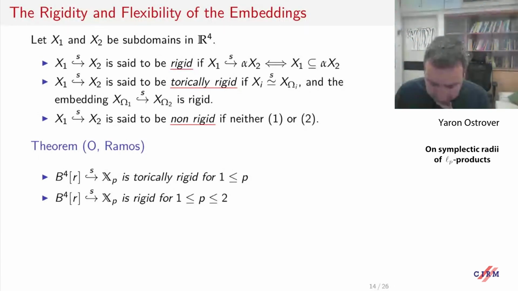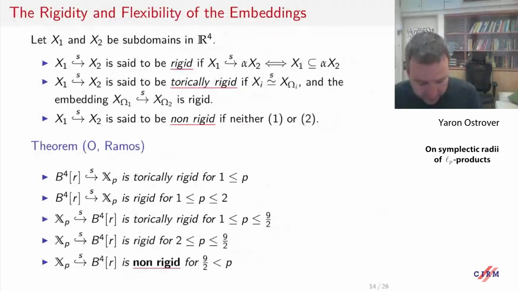This is for the inner radius, and the situation is somewhat more complicated for the outer radius. So here we have torical rigidity exactly for these values between 1 and 9/2. Between 2 and 9/2, we have complete rigidity.